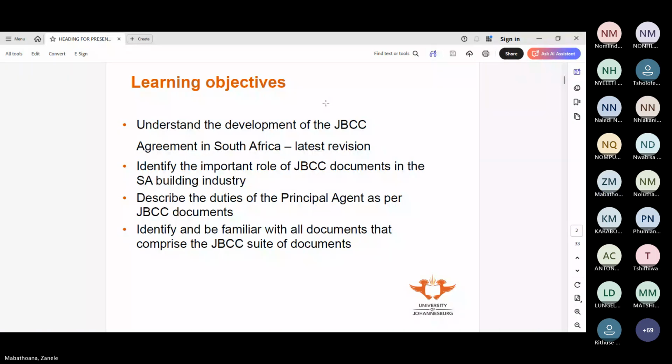It was me who asked. Oh, okay. Yes, I just remember there was a question. So this is the whole idea: you'll know when to use the JBCC, and understand who the principal agent is and what their duties are. This may differ depending on the sector. In the public sector, the powers of the principal agent are curtailed a bit, whereas in the private sector, they have a little bit more leeway in terms of making decisions.